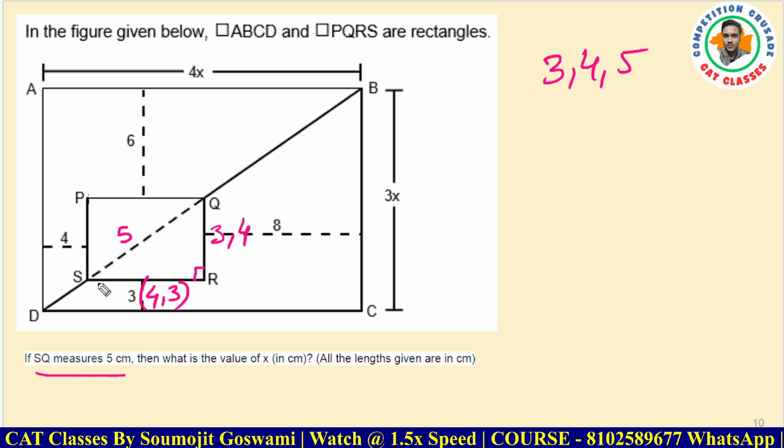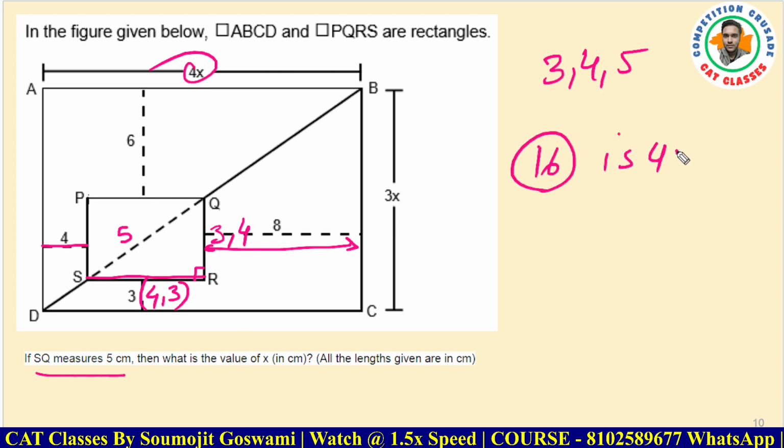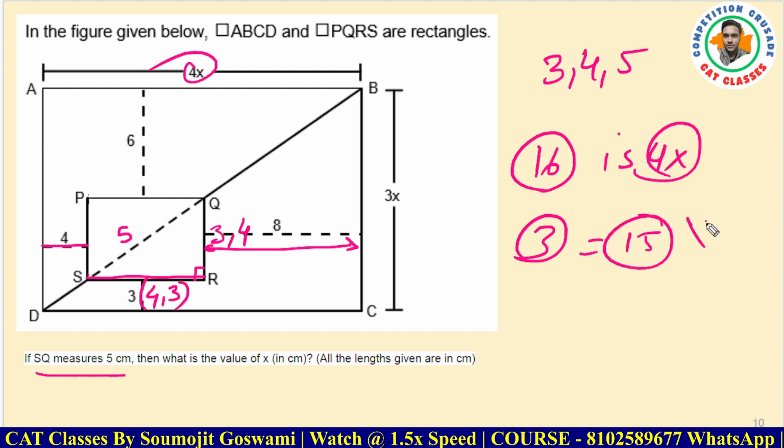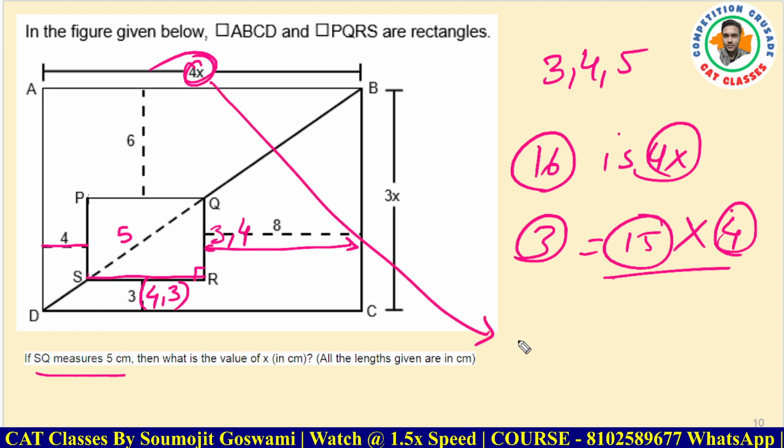All you need to do is check if 4 plus 4 plus 8 is a multiple of 4. 4 plus 4 is 8 and 8 is 16. 16 is a multiple of 4, so the multiple of 4 is satisfied. If I take this SR length as 3, then 3 plus 4 is 7, plus 8, that is 15. And 15 is not a multiple of 4. So that's why the value of x will come out to be 4 directly.